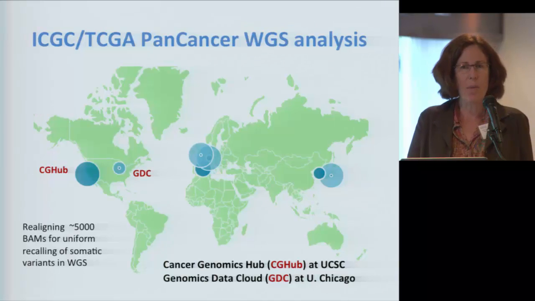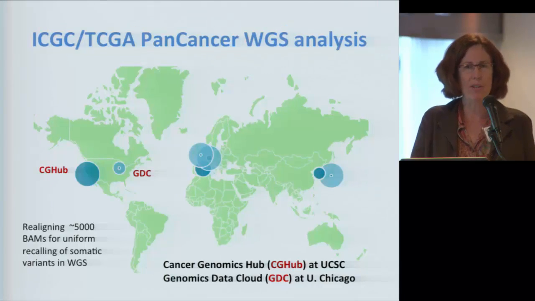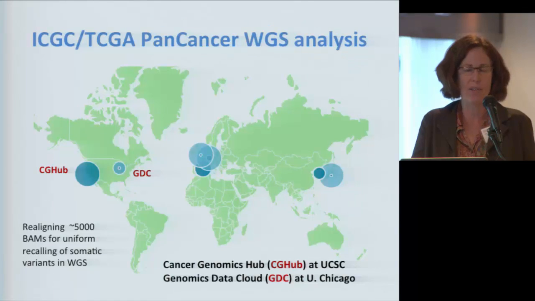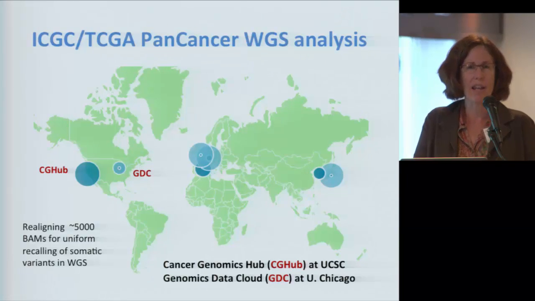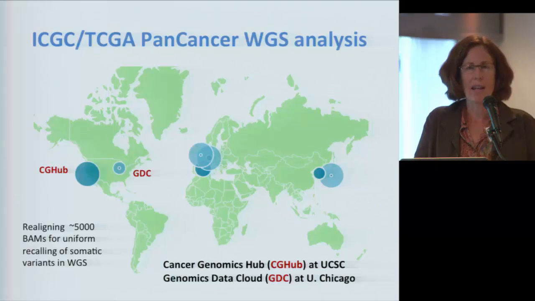These groups have united for the analysis of a very large set of data in cancer genomics, and they are collaborating to analyze and reanalyze 2,500 cancer cases, which amounts to about 5,000 large BAM files, doing a soup to nuts analysis back to the very raw form of the data, so that it's all uniformly processed, provenance is tracked, and tools are implemented in ways that even if data is analyzed in one particular center, in one particular geographical location, the results are provably uniform.